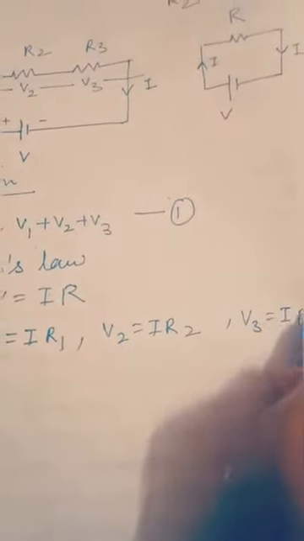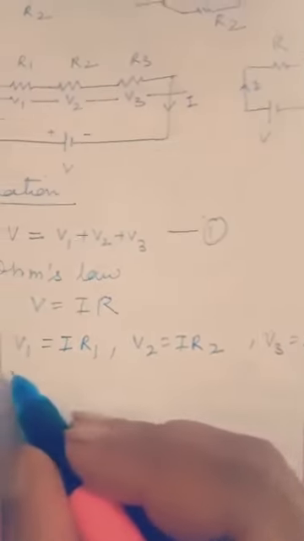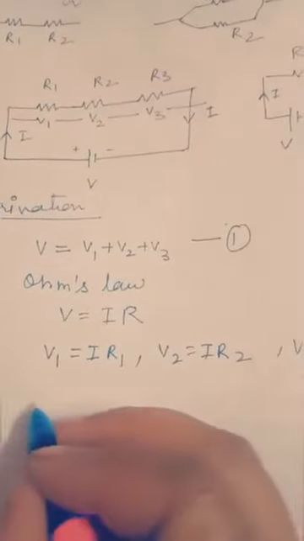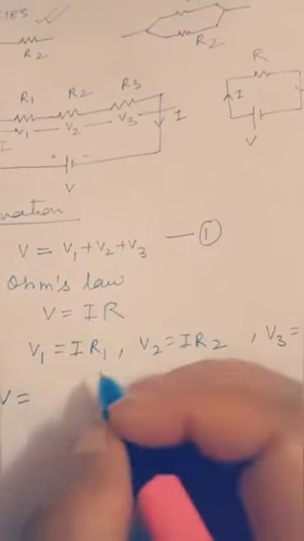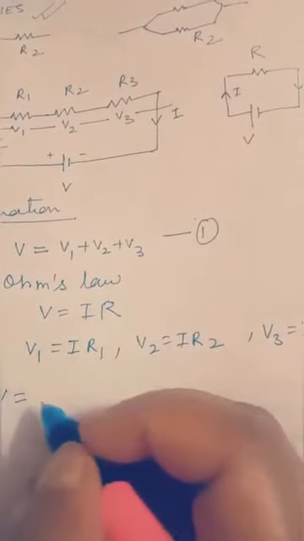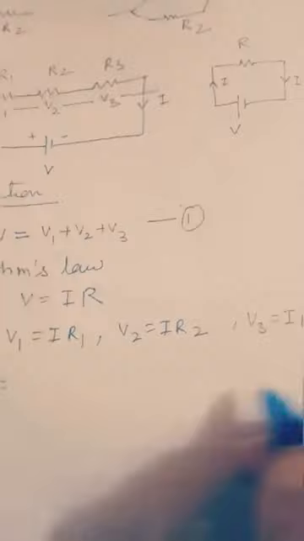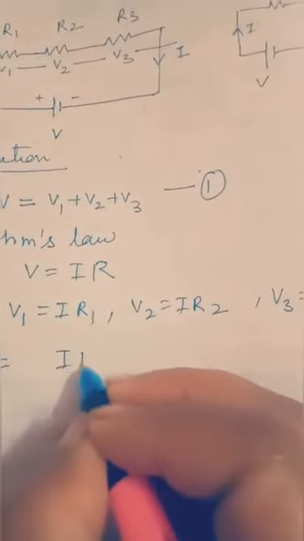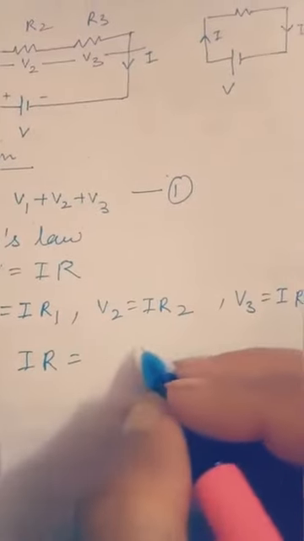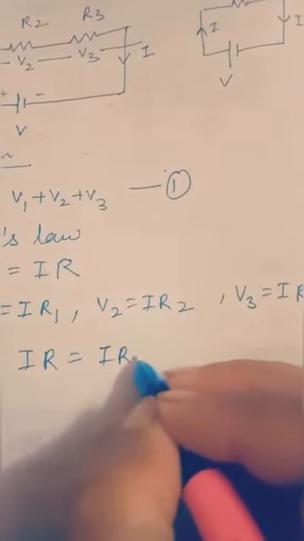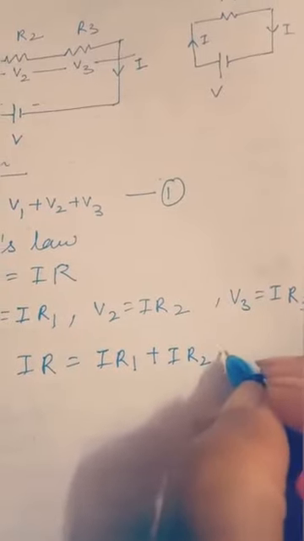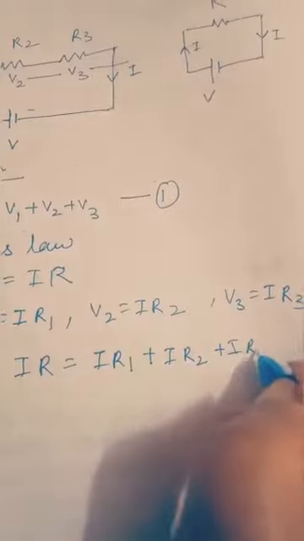Now if I substitute the values of V1, V2, V3 in the first equation, that is V, according to Ohm's law, V equals IR, and V1 equals I R1, V2 equals I R2, and V3 equals I R3.